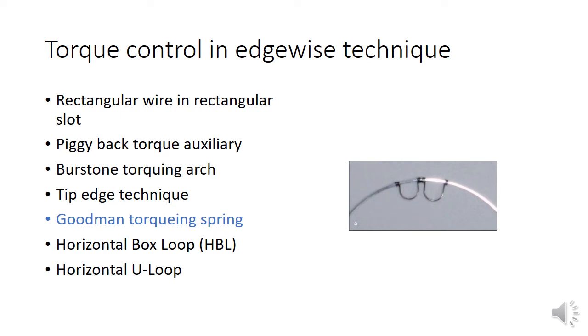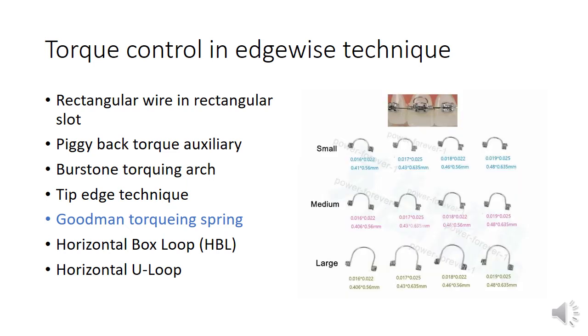The fifth method of controlling torque of tooth is the Goodman torquing spring. As you can see, it must be mounted on a rectangular wire and gets its anchorage from the rectangular arch wire. That is why the Goodman spring comes in different sizes and can fit different base arch wire dimensions.